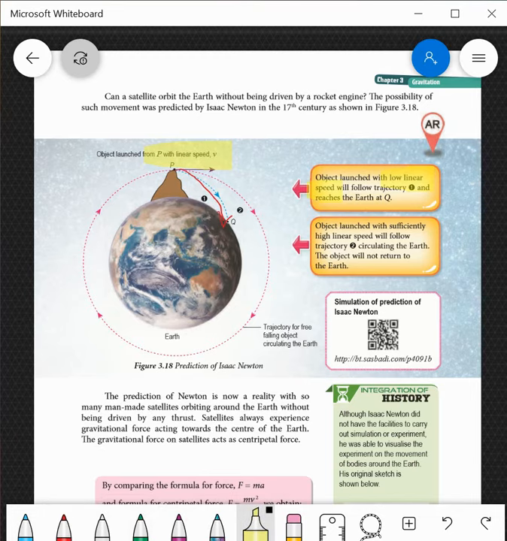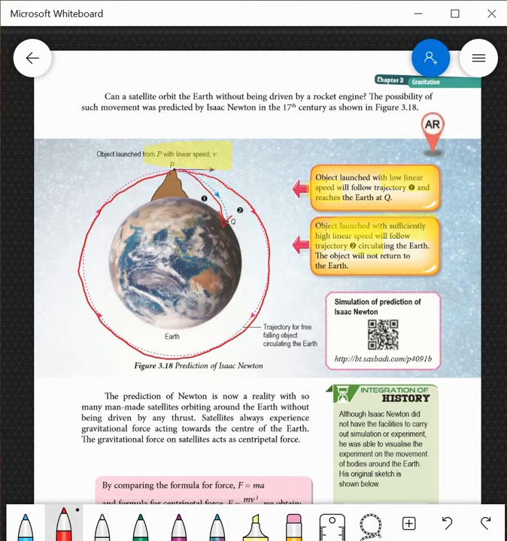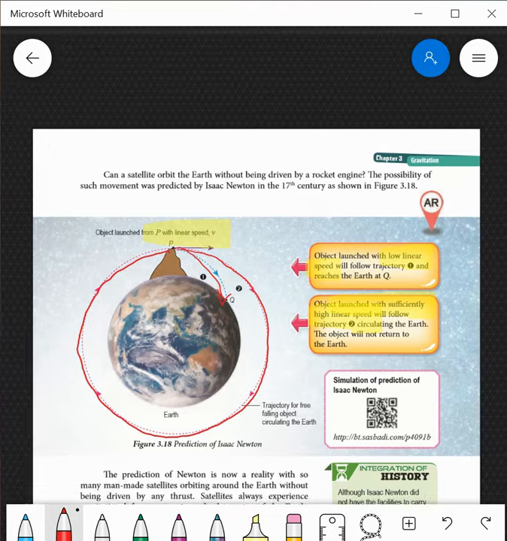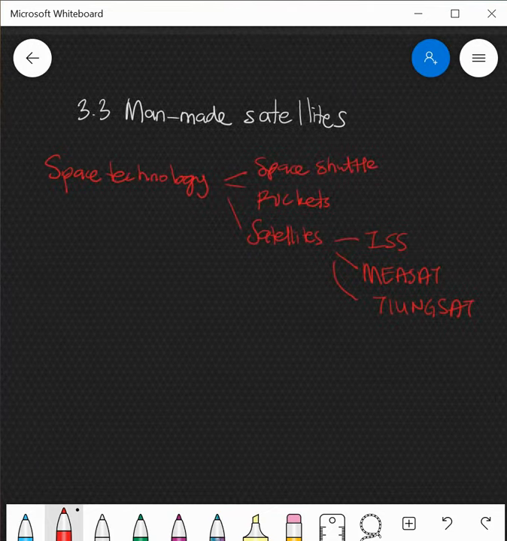But if the object is launched with sufficiently high linear speed, so the object will follow the trajectory. Kalau speed dia tinggi, dia akan follow the trajectory dan dia tak akan jatuh lah. Dia akan ikut je kat sini. So this is what happened with satellite. Okay, so satellite requires specific speed in order for it to circulate around the earth.